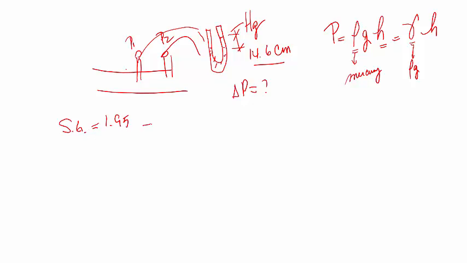So what that means is that the density of the indicator fluid is 1.95 times the density of water, okay? Or that the specific weight of the fluid is 1.95 times the specific weight of water, okay?